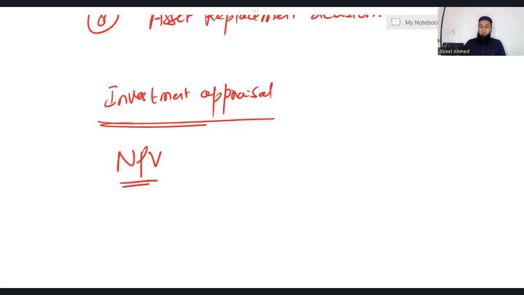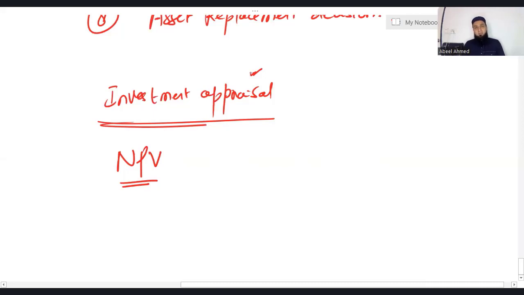When we say investment appraisal, now listen carefully. Imagine a scenario in which you have just a single project in front of you and your organization needs to make a decision. In case of a single project, the investment appraisal decision is going to be accept or reject.